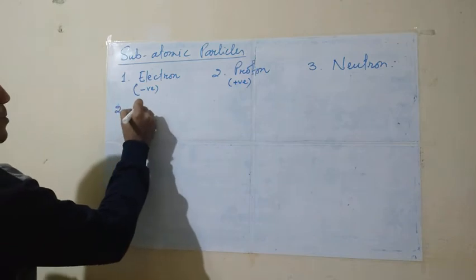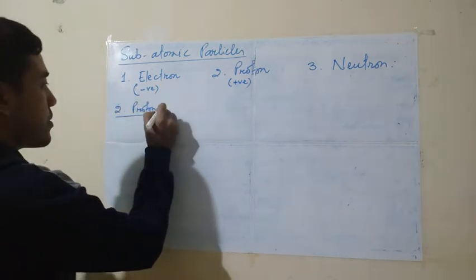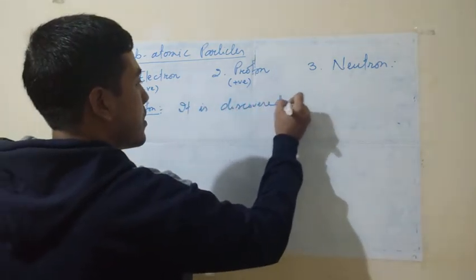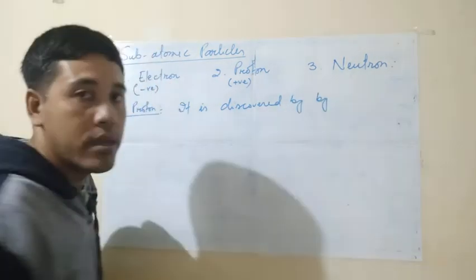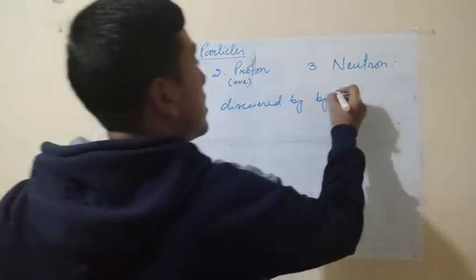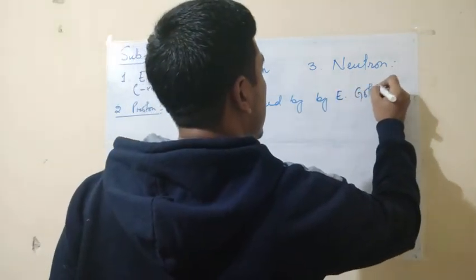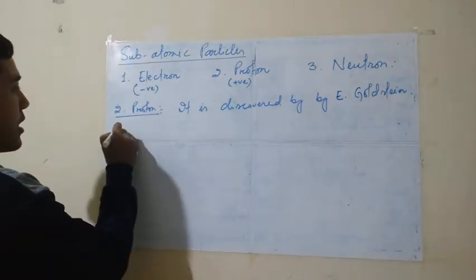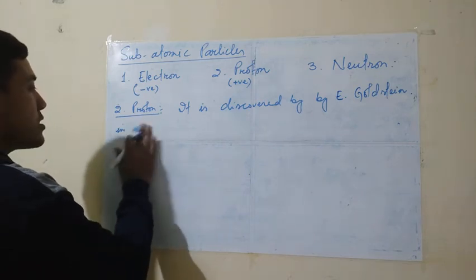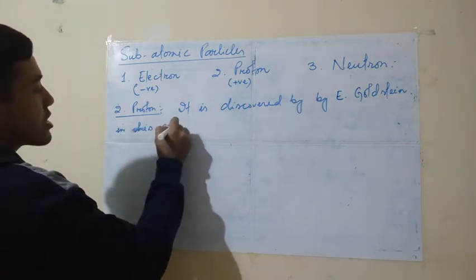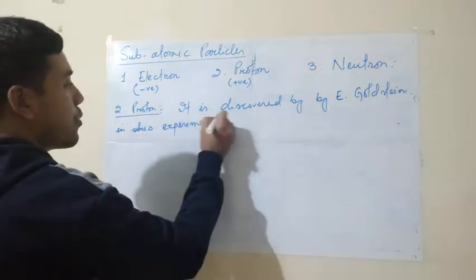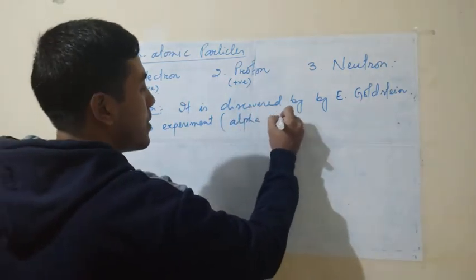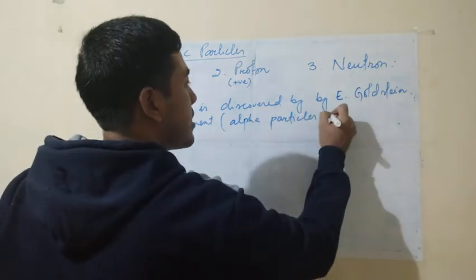Number 2, proton. It is discovered by E. Goldstein in his alpha particles experiment.